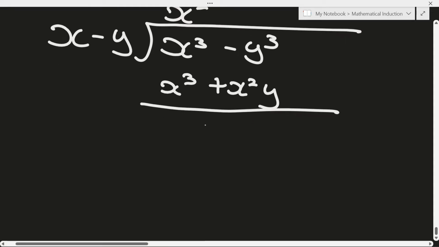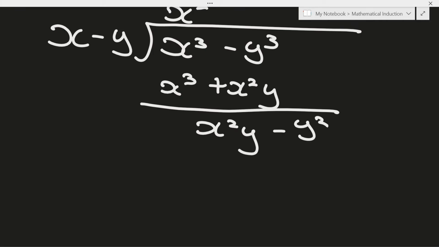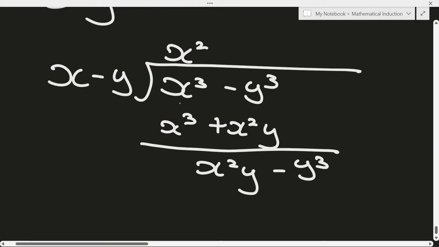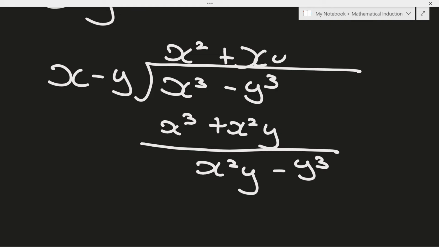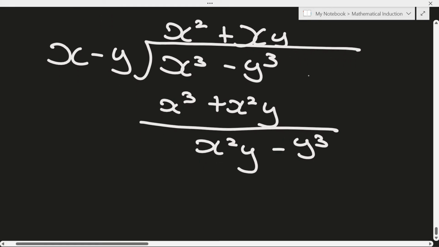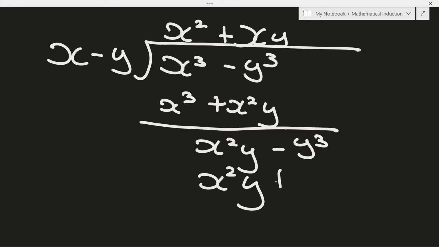So then we'd have x squared y minus y cubed. X into x squared y goes xy. So that will give us x squared y minus xy squared, which is equal to plus xy squared.